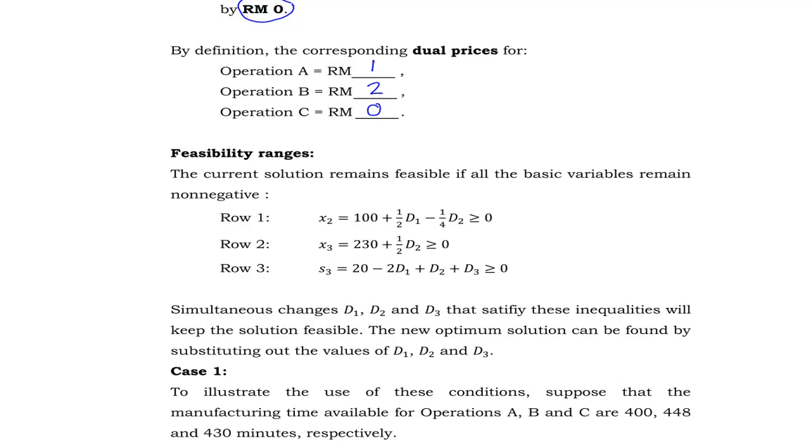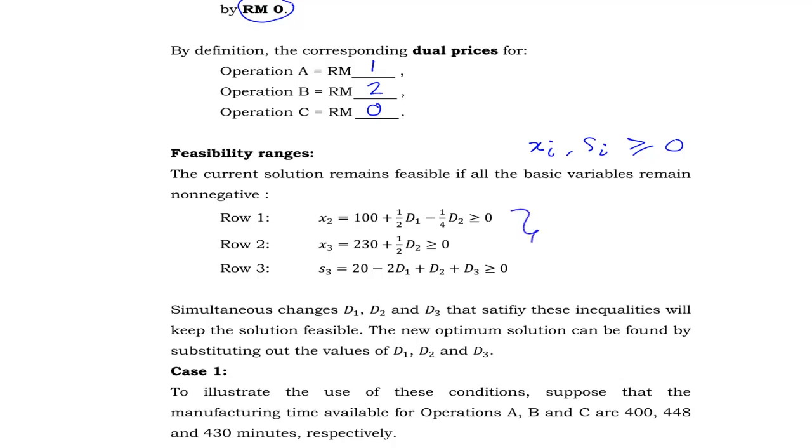So from here, x2, x3, and s3, we know that all the variables are greater than or equal to 0, meaning that x2 equals 100 plus 1/2 D1 minus 1/4 D2 is also greater than or equal to 0. x3 is greater than or equal to 0, and s3 is also greater than or equal to 0.